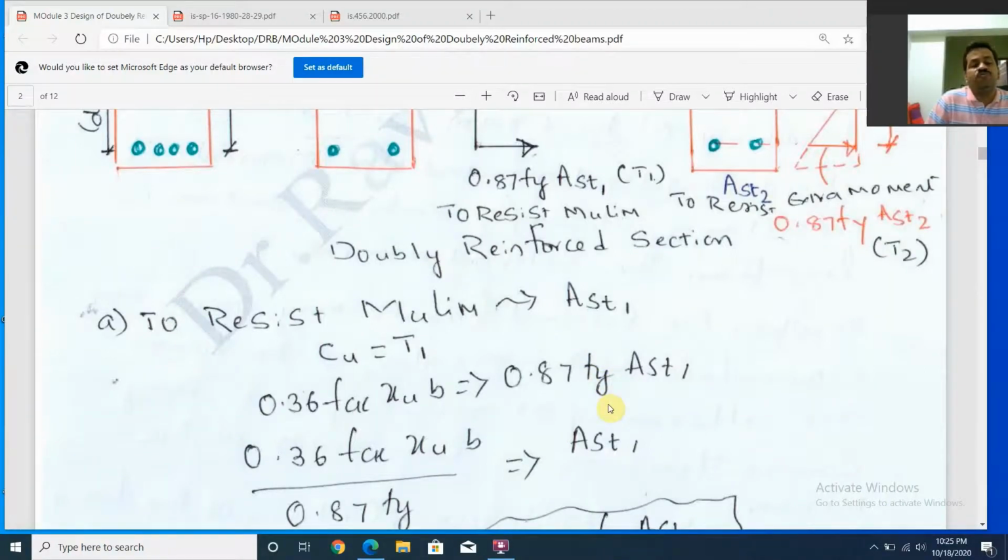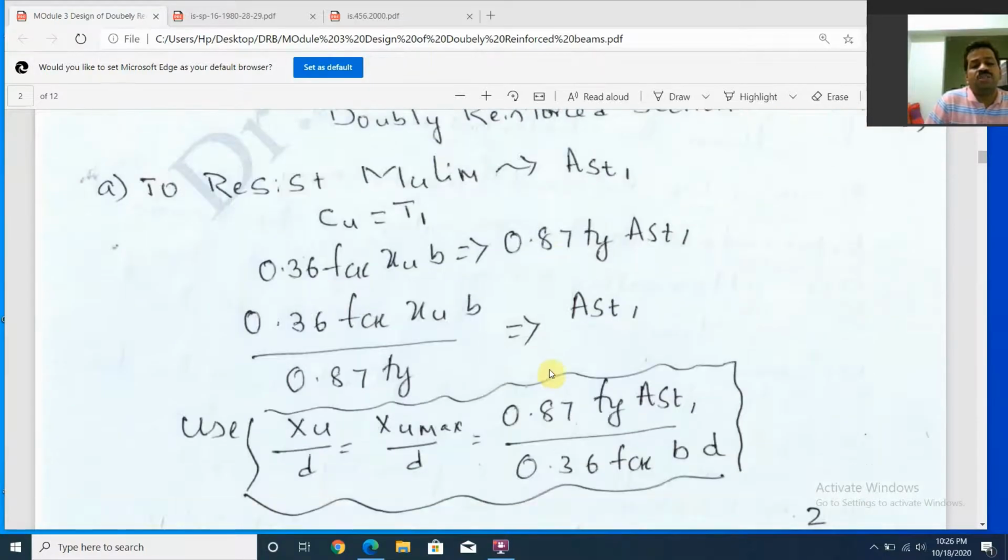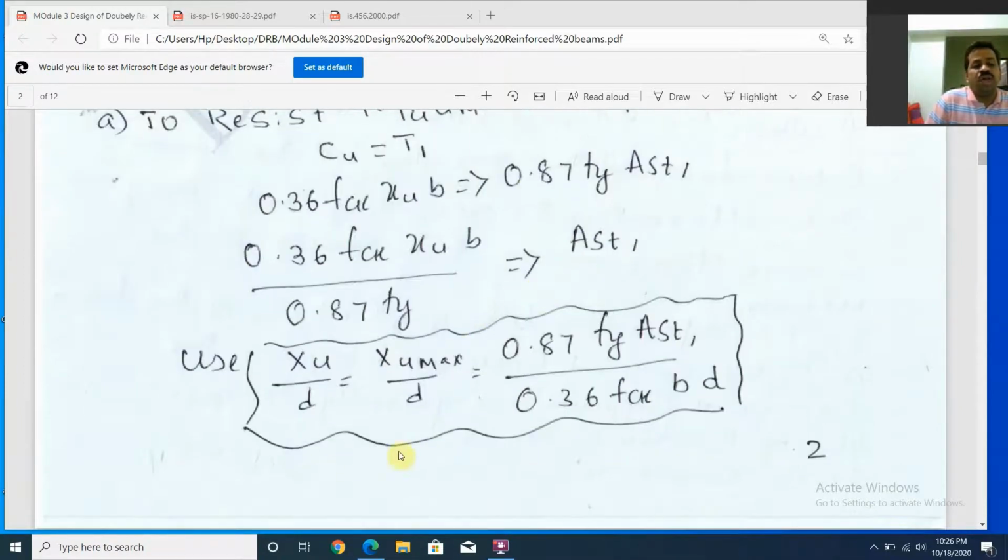We know the partial safety factor for steel is 1.15. So fy divided by 1.15, which gives 0.87. With this, Ast1 is equal to 0.36 fck xu b by 0.87 fy. This is the equation for Ast1, and using xu max by d, we get 0.87 fy Ast1 by 0.36 fck b d.